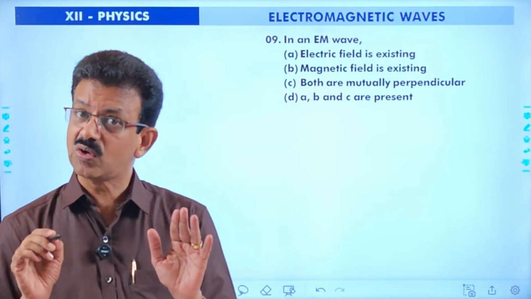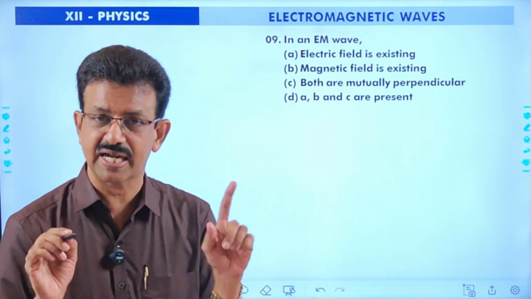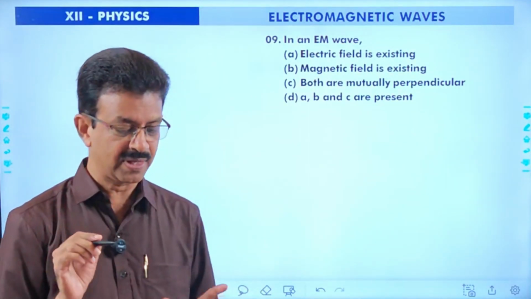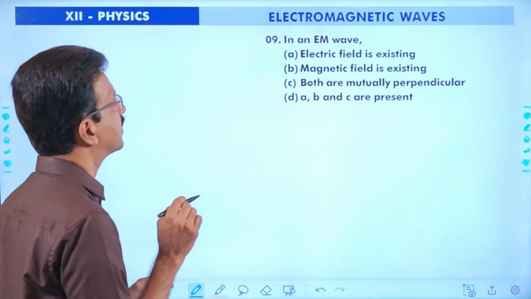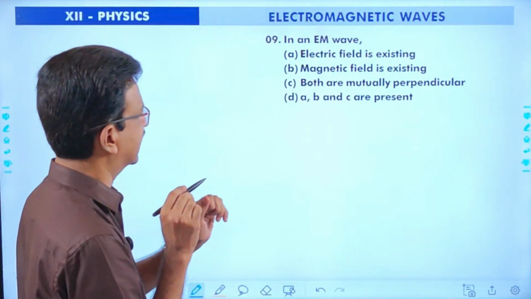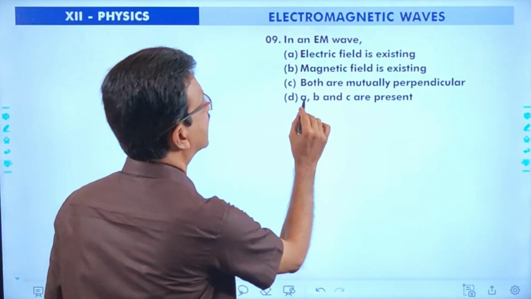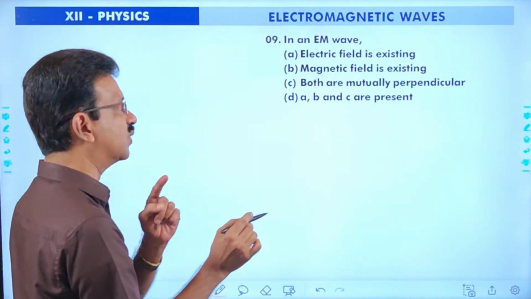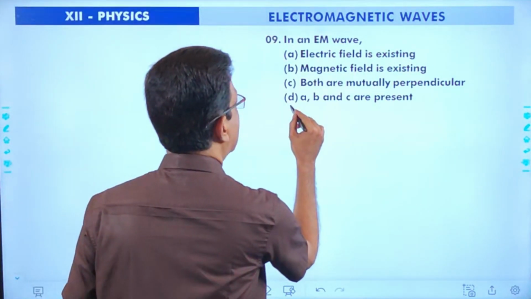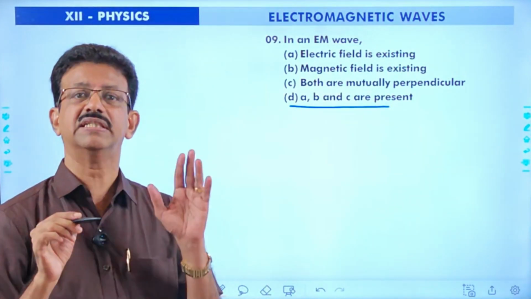Then, it has a velocity of 3 × 10^8 meters per second in air or vacuum, and it does not need a medium for its propagation. Here the choices are: in an electromagnetic wave, electric field is existing, that's correct. Magnetic field is existing, that's also correct. Both are mutually perpendicular, that's also correct. Therefore, A, B, and C are correct. Here the correct choice is D.